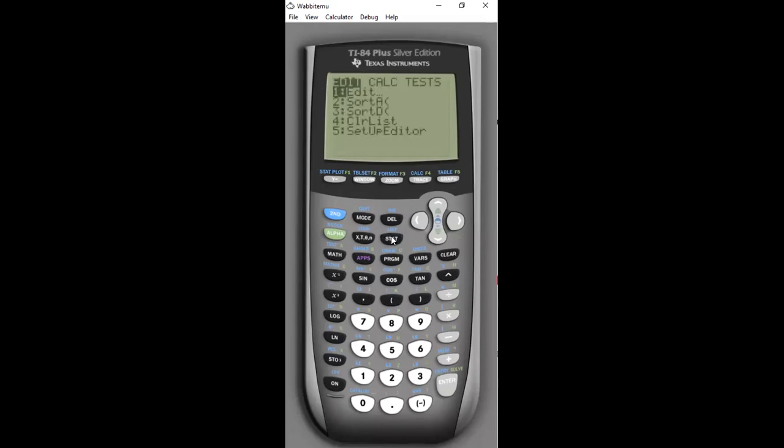So let's do it step by step. This is the edit. If you have something already here, clear that out. Put your cursor here, clear, then put your cursor here, clear, then enter. The D is twin A minus twin B. So let's input. The first data is 84.